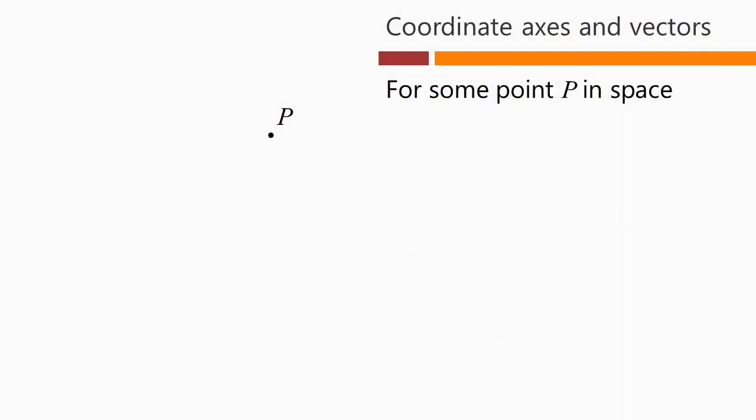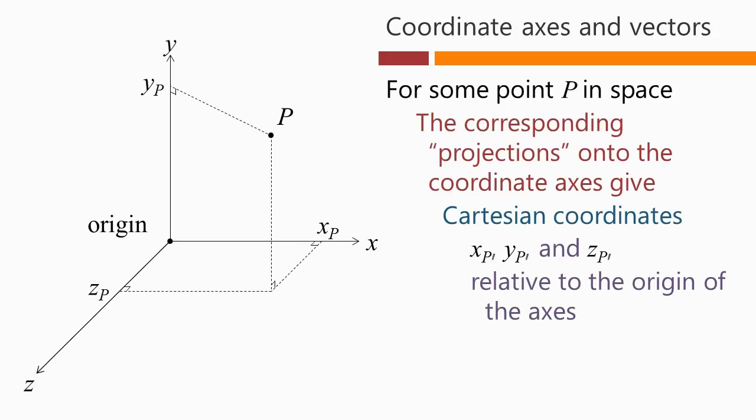Given that we have these coordinate axes, we want to use them to do something, and one of the main things we want to do, of course, is to express the position of some point in space. So we take this point P here, and what we do to express that on the Cartesian right-angled axes is we essentially project the point P onto the various axes.